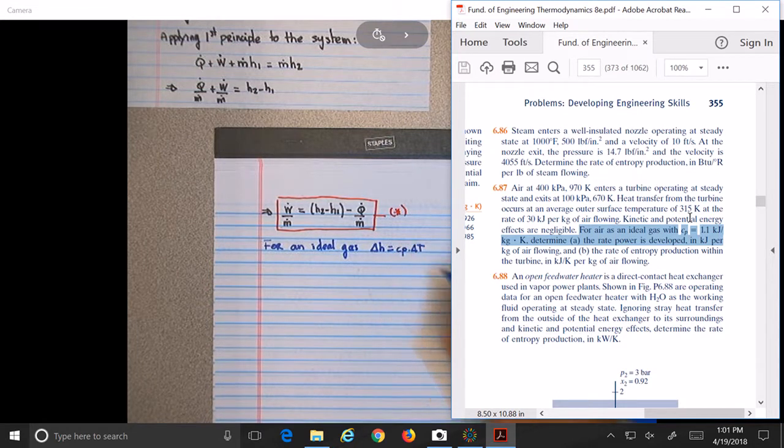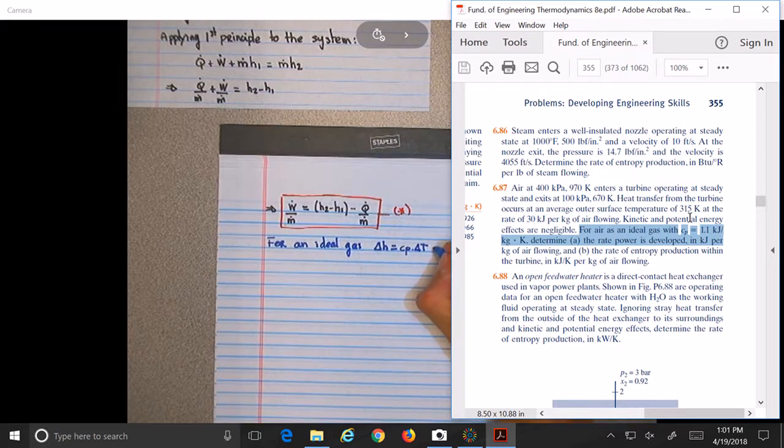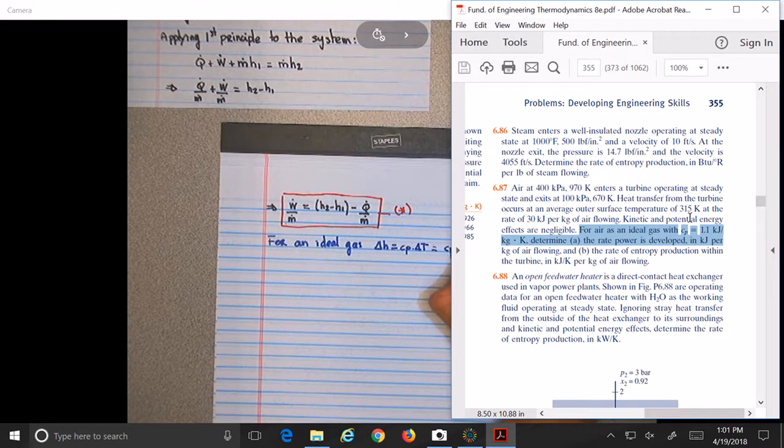Okay, Cm or Cp delta T, there is no mass, but you're right. Actually, you're right, it should be Cm, should put the m dot over there. But let's just say this should be equal to what? Cp T2 over T1, no? You can put the mass flow, but we're going to be dividing by the mass flow anyway, so.